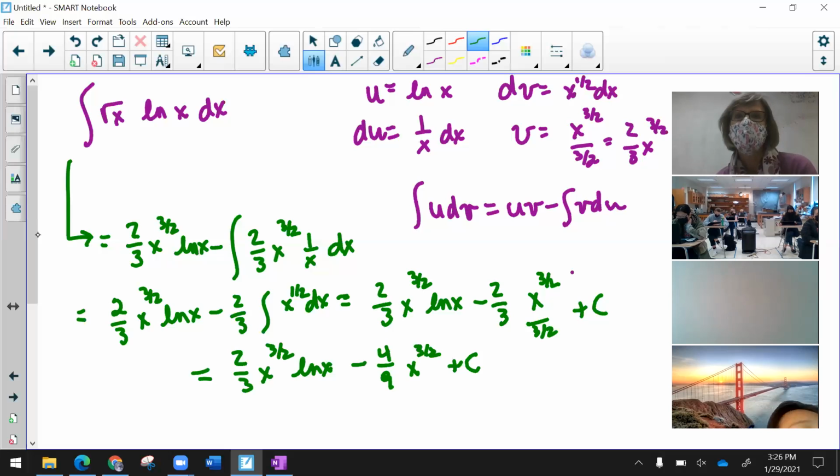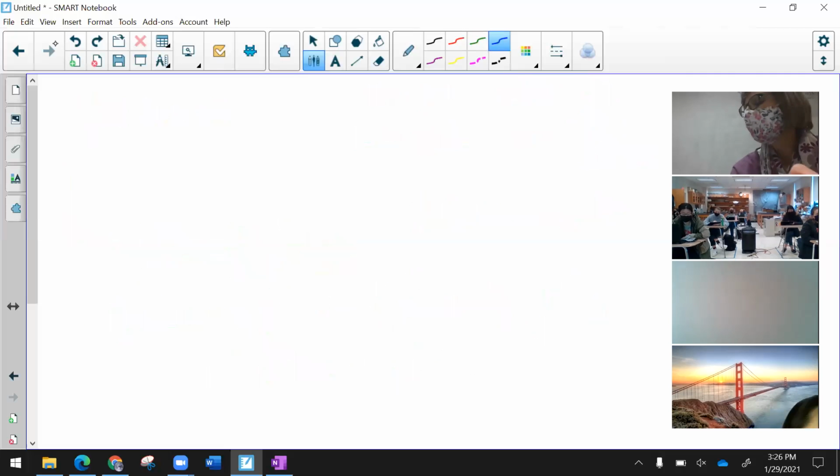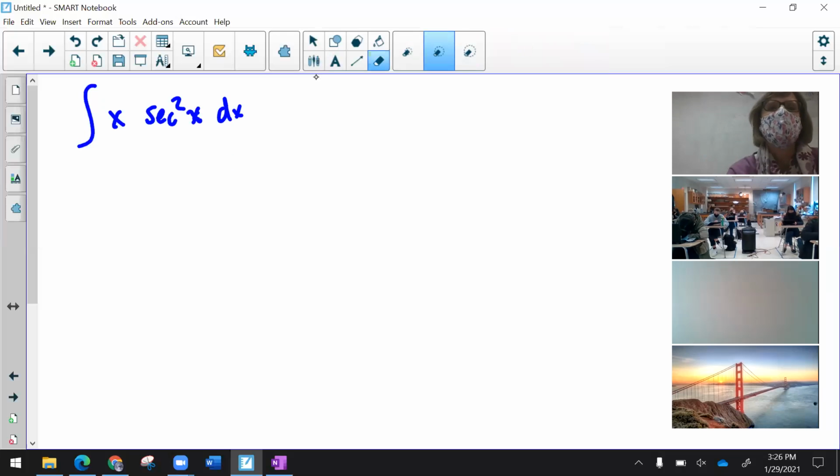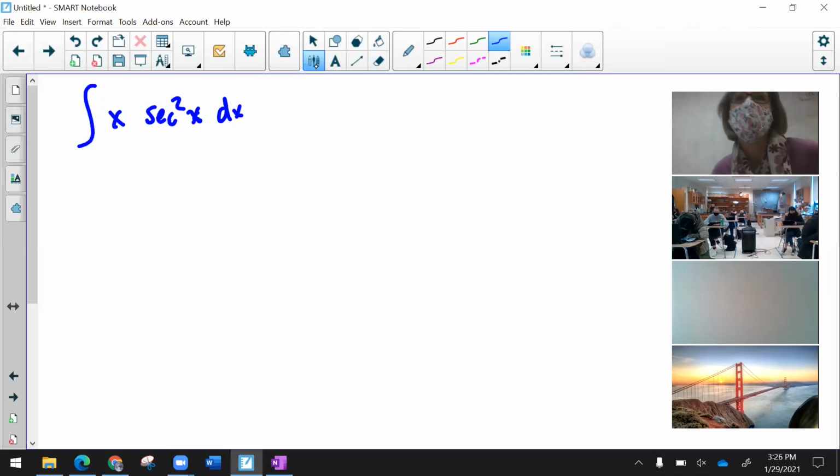All right, we good? All right, let's try one more. I want to skip one, because I'd like to look at this one. The integral of x secant squared x dx, which I think is just skip one and it's the next problem. Okay?